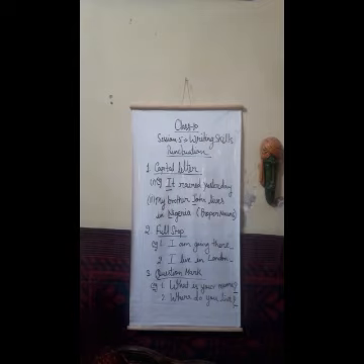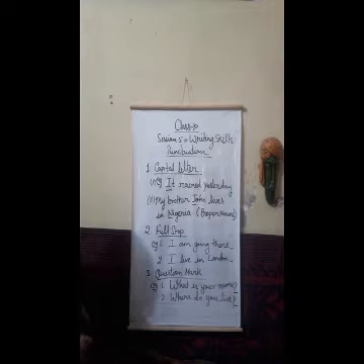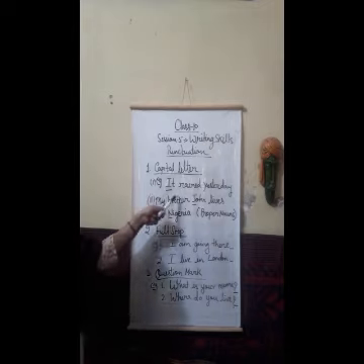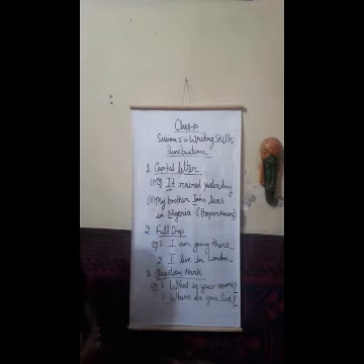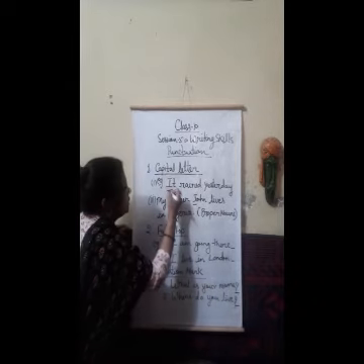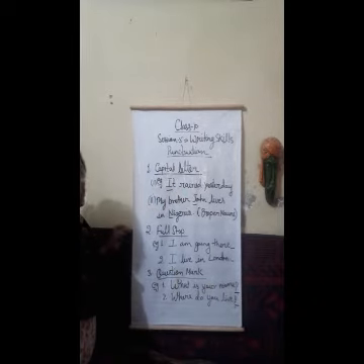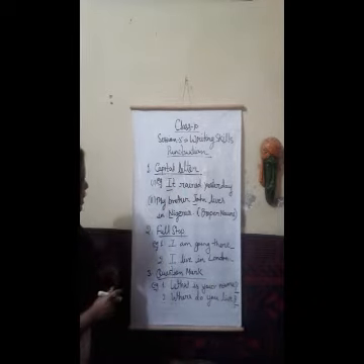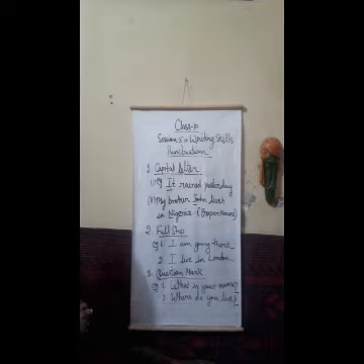The first punctuation is the capital letter. Example: It rained yesterday. Here you can see capital letter I. Now the next example is: My brother John lives in Nigeria. Proper nouns.